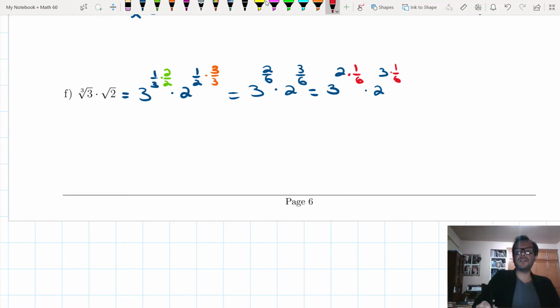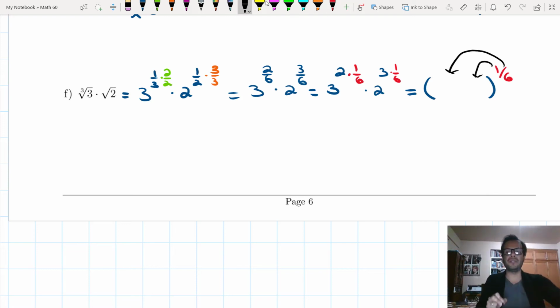How is this going to be useful though? I'm going to use the distributive property and factor out this 1/6, as if I were distributing it to some term and then the other term, which is ultimately going back to this and that.